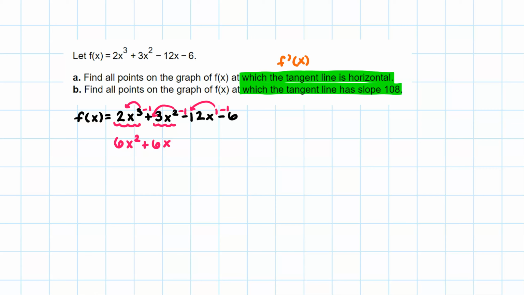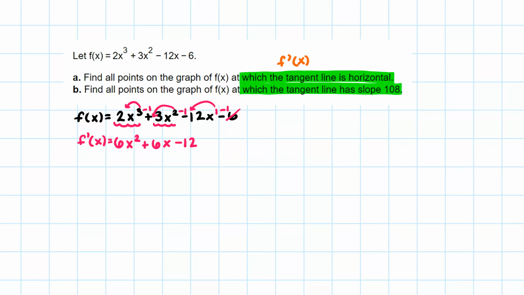And that would give us minus 12. Technically x to the 0, which is 1. And then here there's no x to work with, so the derivative of a constant is 0. So f prime of x is equal to 6x squared plus 6x minus 12.